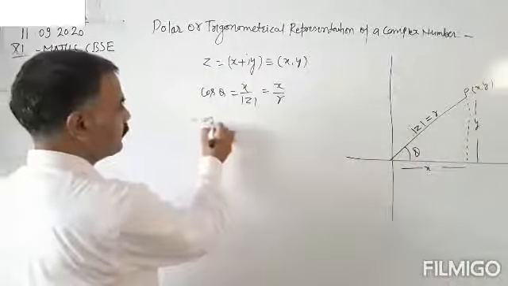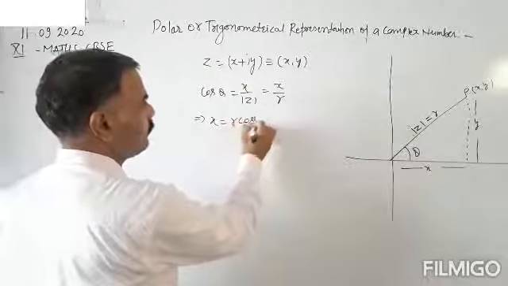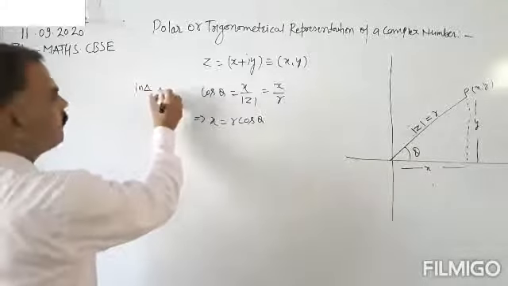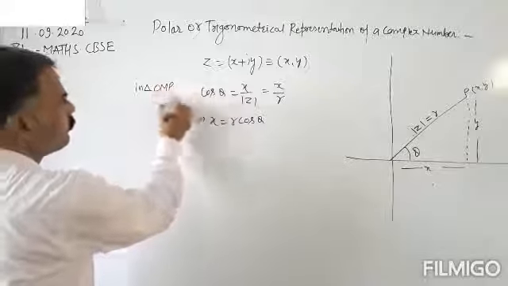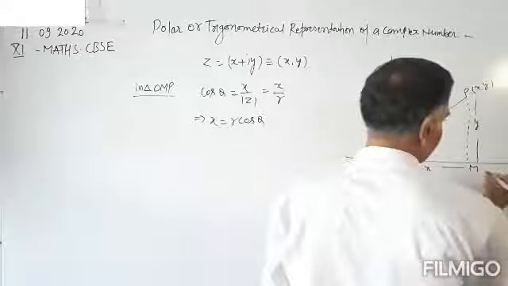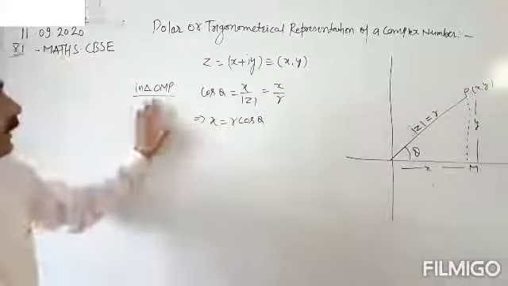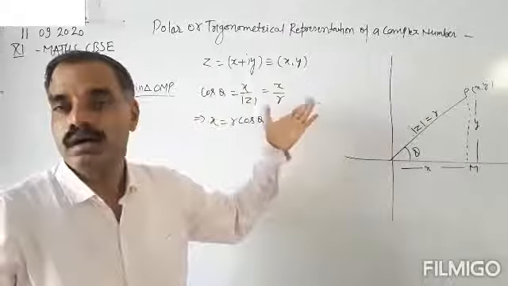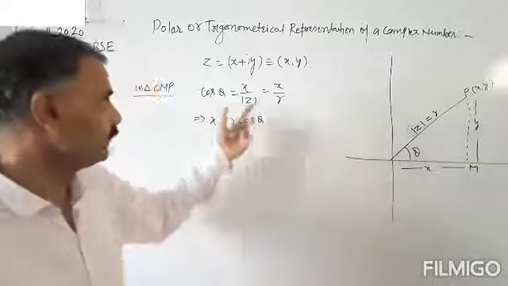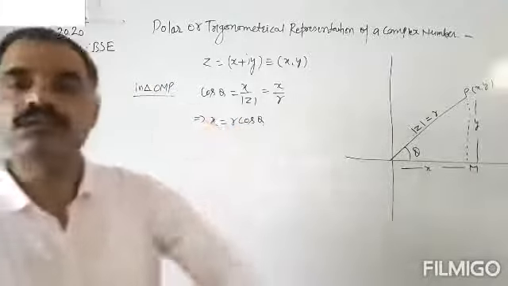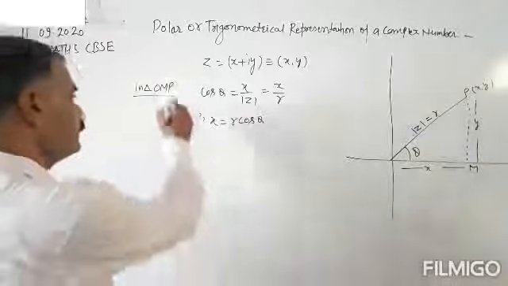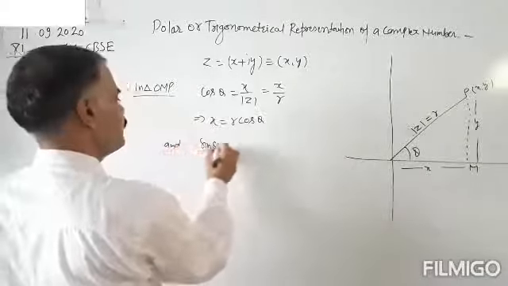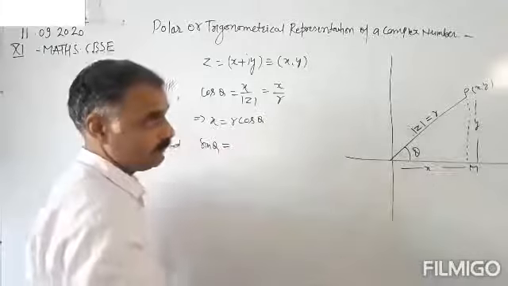So x is equal to r cos theta in triangle OMP, where this is M. Now in the same triangle, sin theta is perpendicular upon hypotenuse.